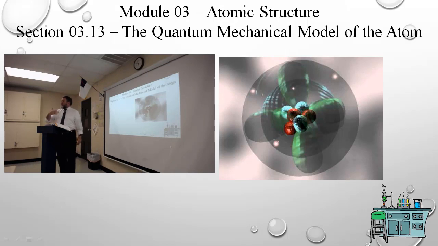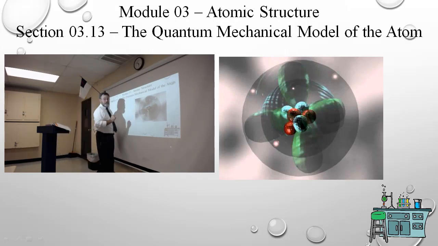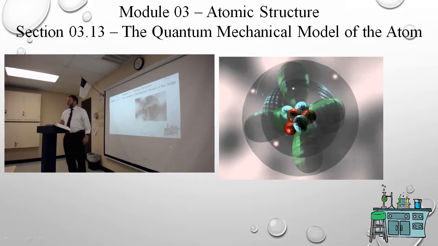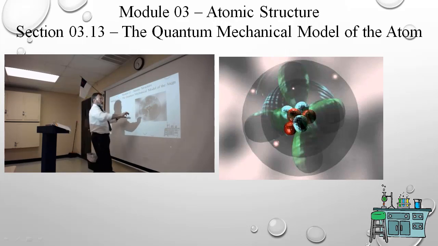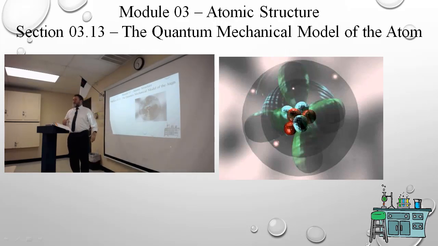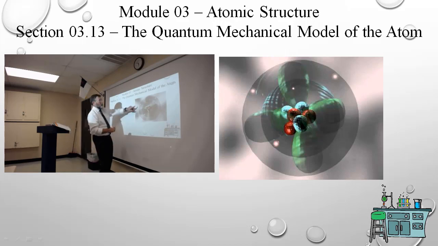The 1s orbital, which contains 2 electrons. And then we have another concentric circle. What do you suppose that 2nd circle is? It's actually a sphere. It's the 2s orbital, and it has 2 electrons in it.